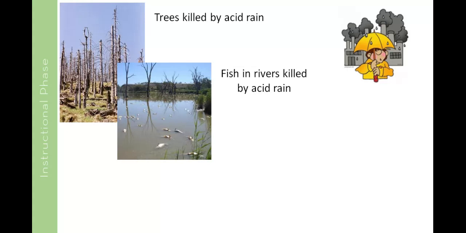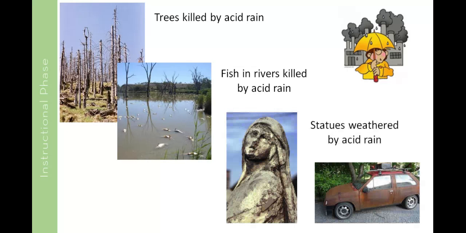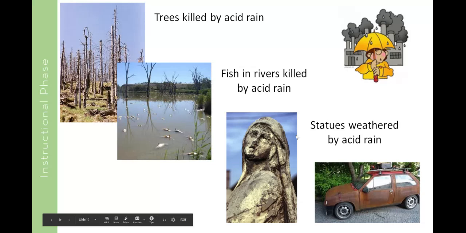And finally, acid rain can also damage limestone statues and metal. So if we look at these two images on the screen, you can see this statue here has been weathered over a long period of time, and that has been caused by acid rain falling on it. Over a long period of time, the acid rain has reacted with the limestone that it's made out of, and corroded it.